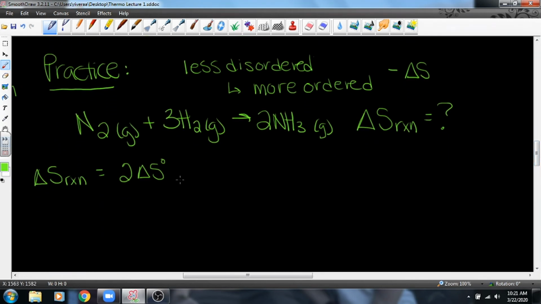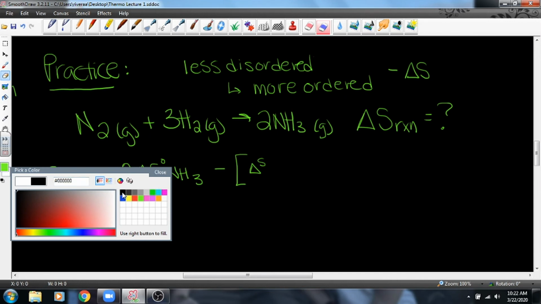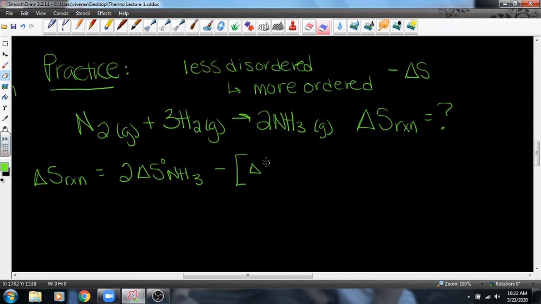Standard molar entropies of my product, NH3, minus my S naught of my N2 plus 3 times my S naught of my H2.